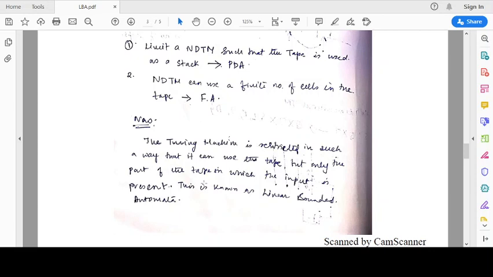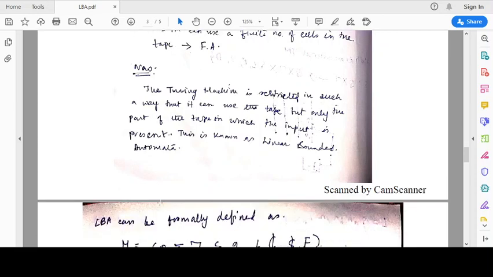We can have AABB, we can have AAABBB, we can have anything depending upon the language concerned. So the only restriction is that the tape can function in the area that is bounded by the input symbols, not towards the left of that or not towards the right of that. Okay, this is the main point. This is restricted at both the ends.